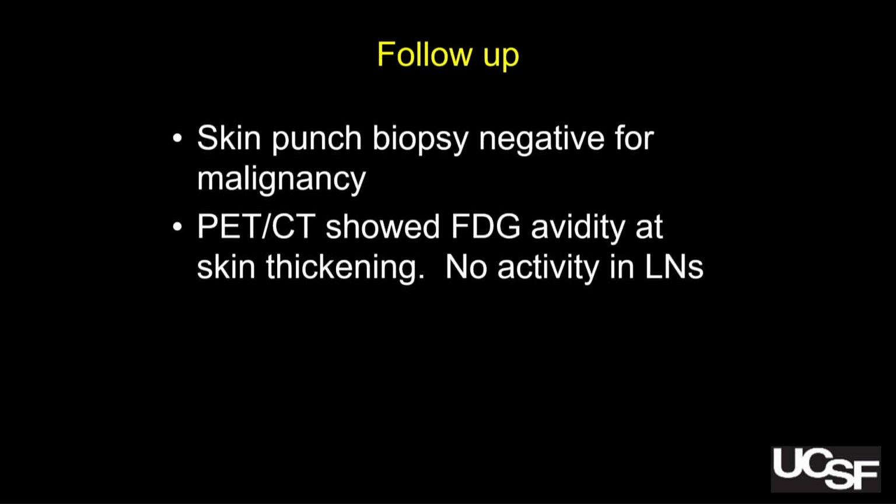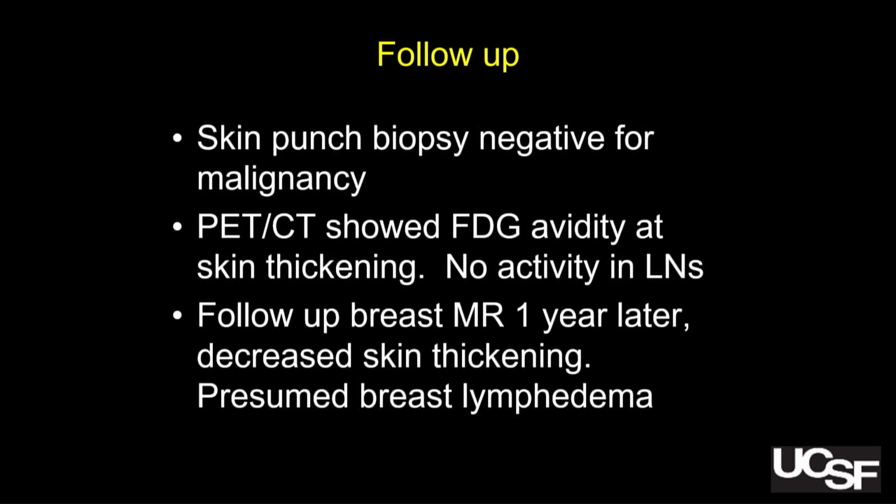You know, these are those times when, if I have even prior CT scans of the chest, it's useful. So priors are always helpful, any kind of prior, to look at the stability of findings. So we decided we'd follow her, given that there was a skin punch and that was normal or benign, and given the FDG avidity wasn't super hot. The good news is follow-up 1 year later showed decrease in the skin thickening.